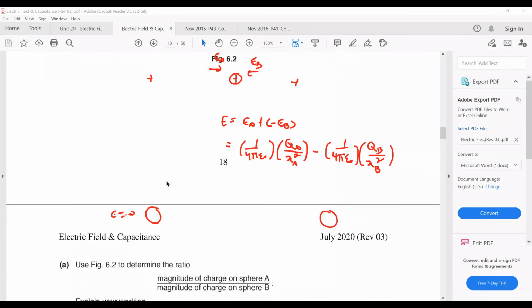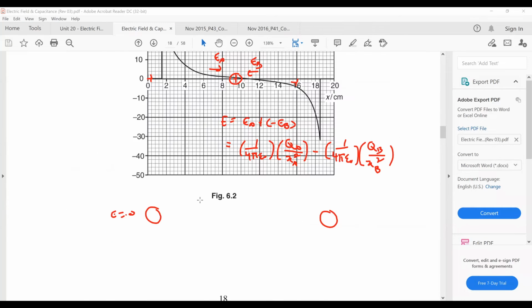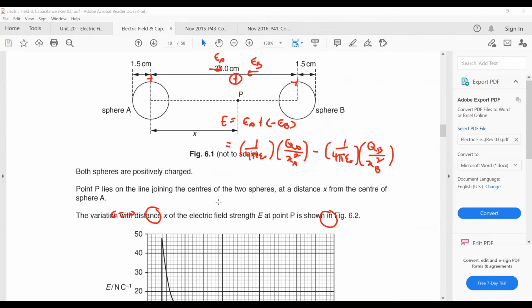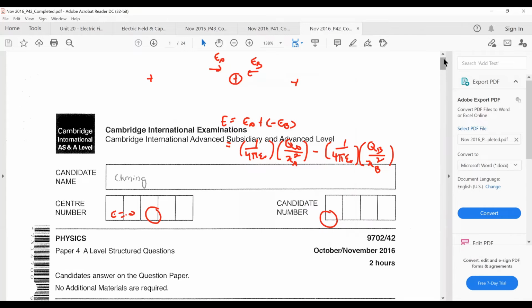Now the easy way to look at it would be to find out from your graph where your point of 0 is. Now let me just show you the answer. This is question 6.